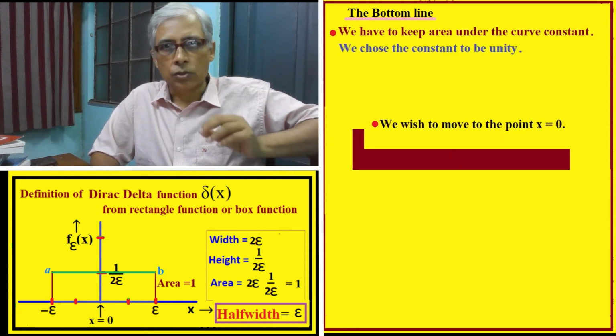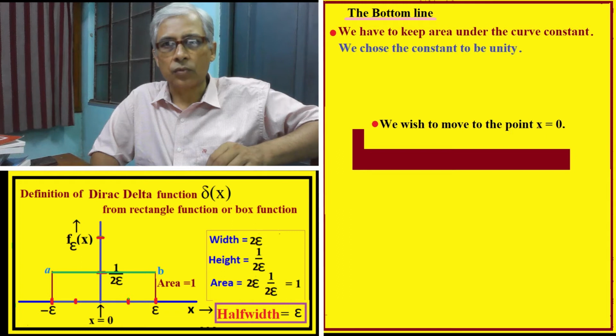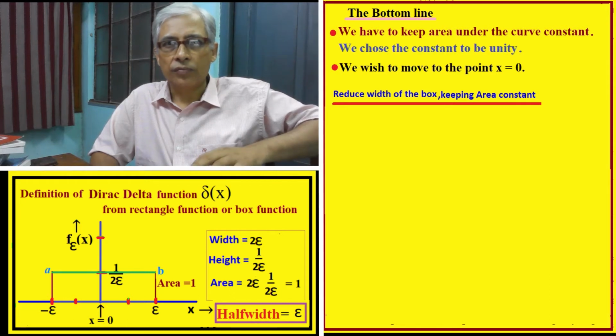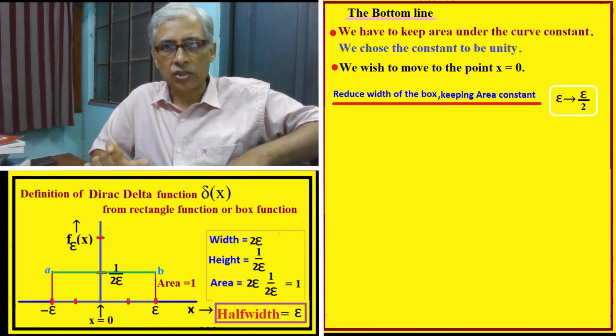Our aim is to move to the point x equal to 0, about which the curve or the straight line AB is equally symmetrically spread out. Now, to move to x equal to 0, we have to reduce the width of the rectangle. So let us squeeze it, that is, shrink the half width from epsilon to epsilon by 2.